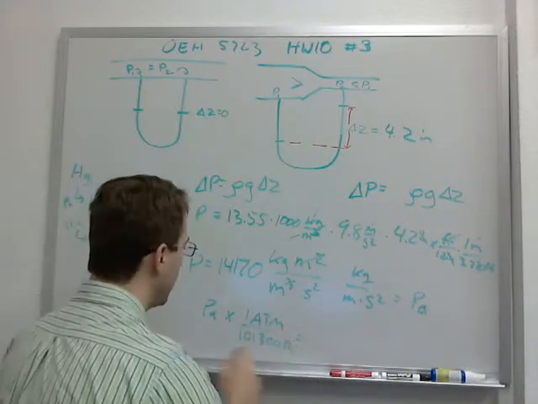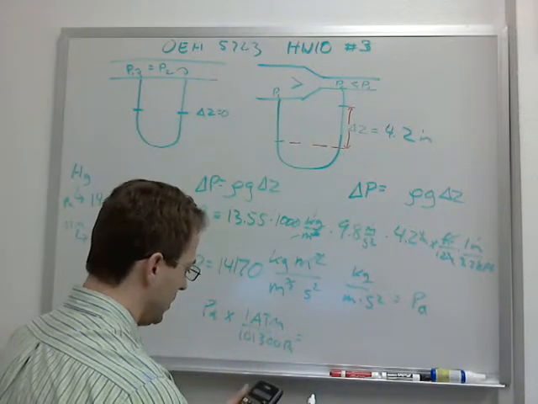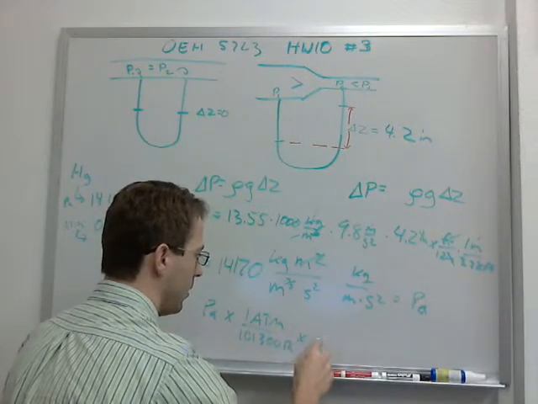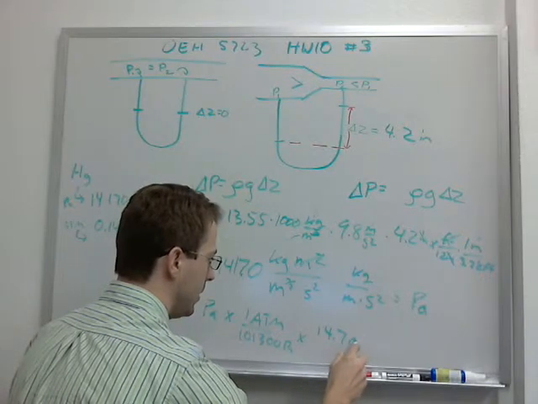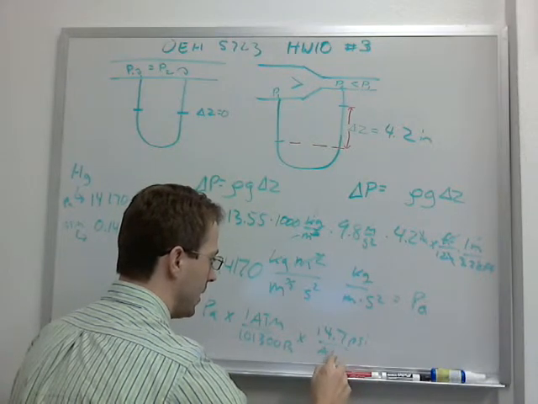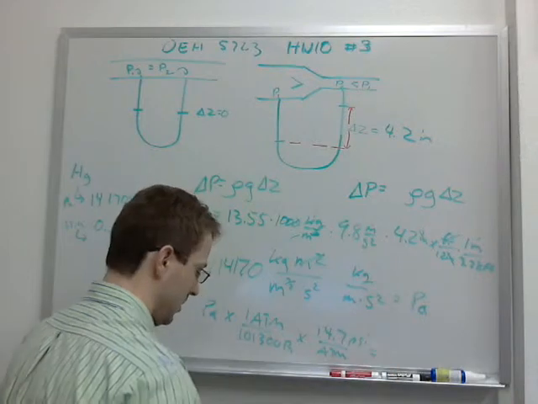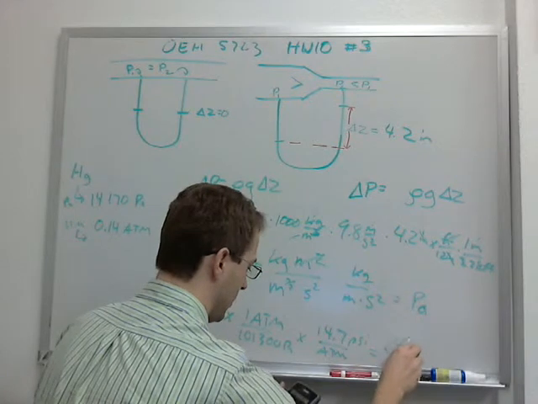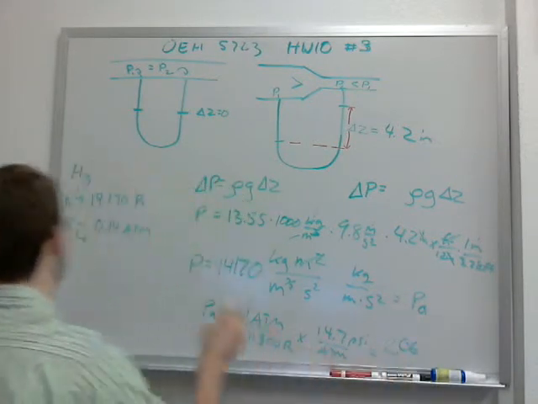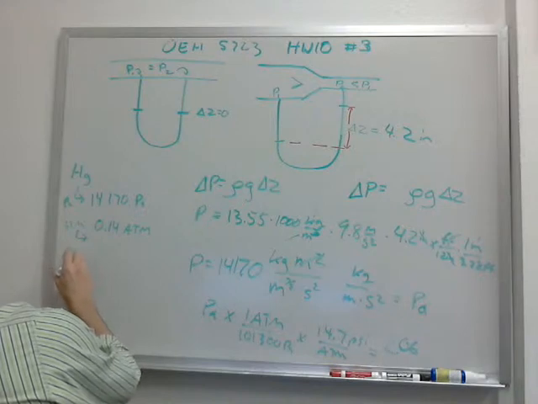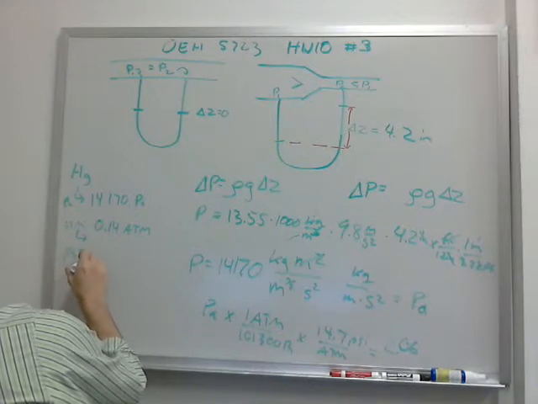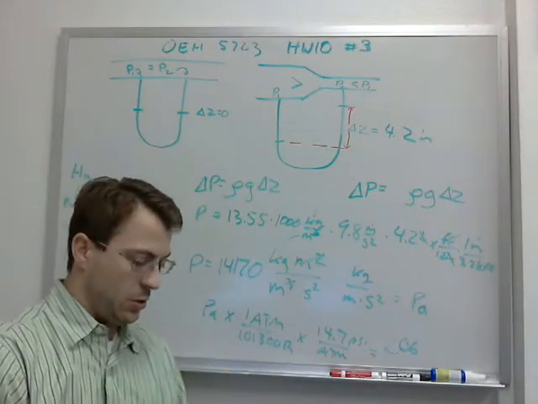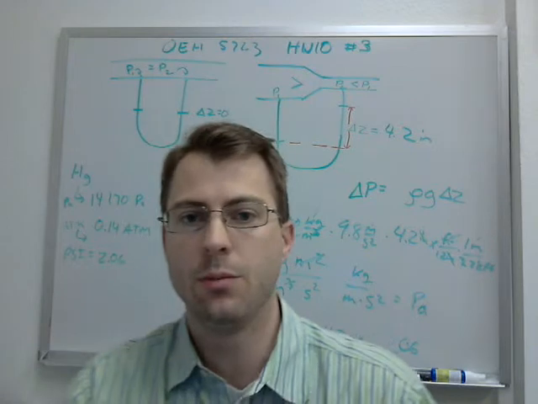If we want to know the psi, it's 14.7 psi per atmosphere, so times 14.7, and that gives us 2.06. All right, so that's the idea of what we do here.